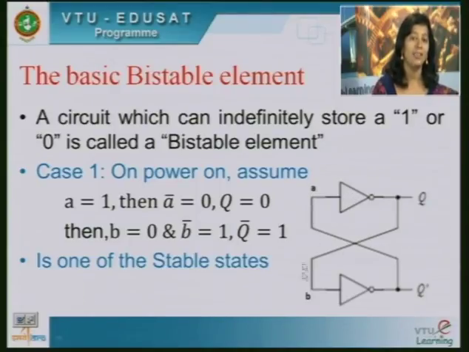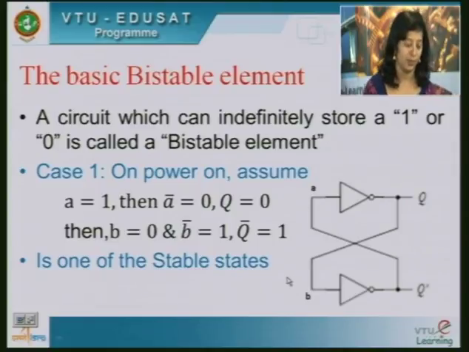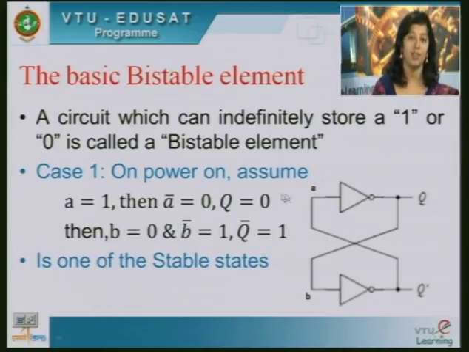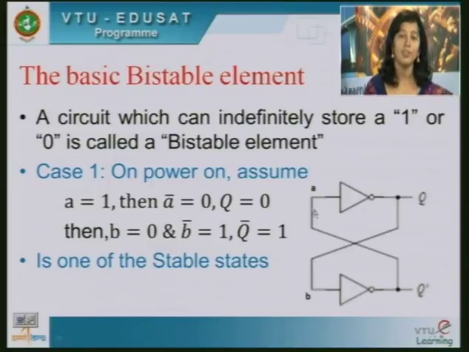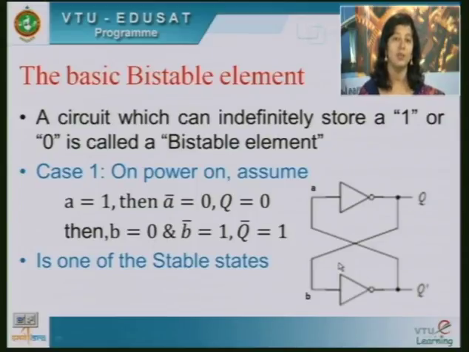This A and B just specify some current values. On power on, it can take any values. As you can see, no separate input is given, it is just cross coupled, output of one to the input of the next, and so on. So they are two cross coupled NOT gates, and we can see how this works.